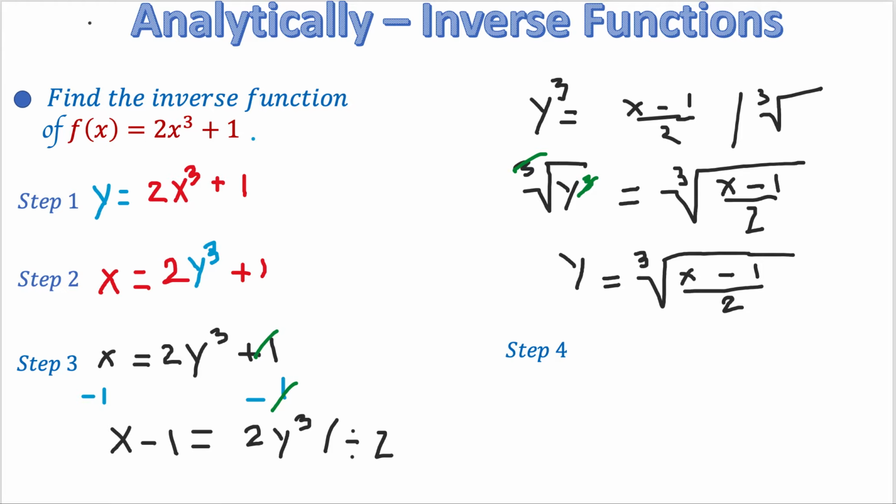And last step, but it's not less important. And last step is y. We are going to change with the denotation of the inverse function f minus 1 of x, which is equal with a cubic root of everything else.